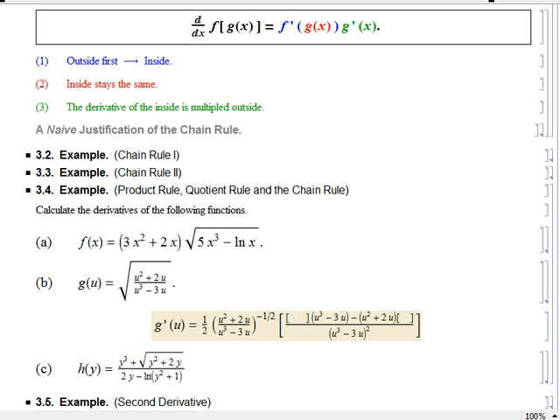That is the structure of the quotient rule, and then we have to fill in these brackets here. What is the derivative of the numerator? 2u plus 2. What is the derivative of the denominator to be filled in? 3u squared minus 3, I think.